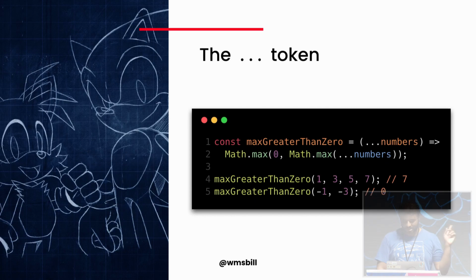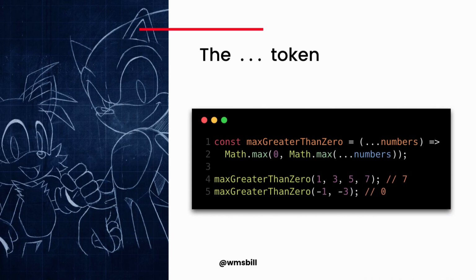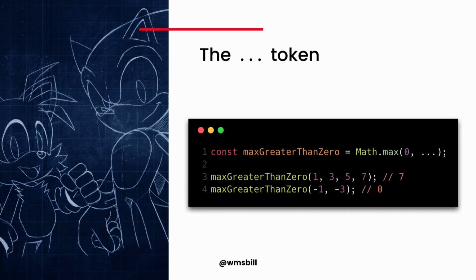For example, this is a function called max greater than 0. I receive a bunch of numbers, and whenever I have a number greater than 0, I return the max of those. Whenever I only receive negative numbers, I return 0. So this one is still okay, but we can do better.